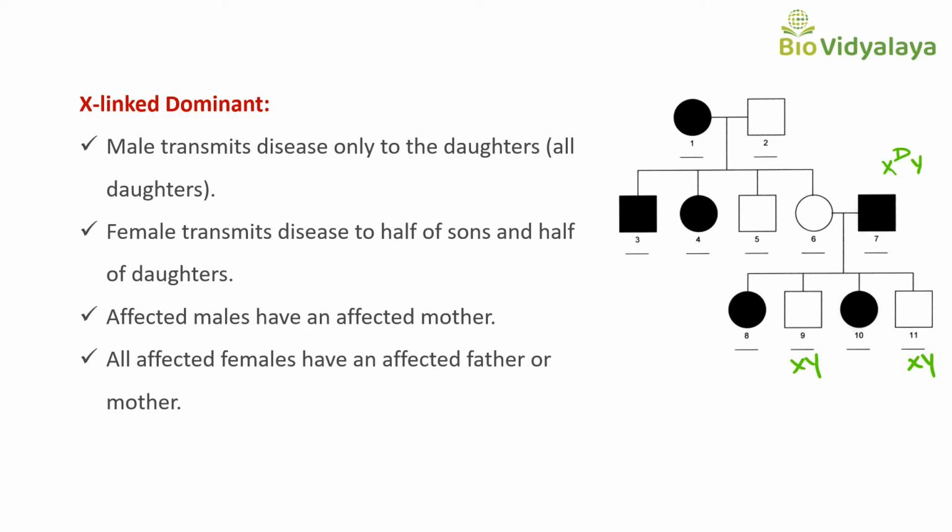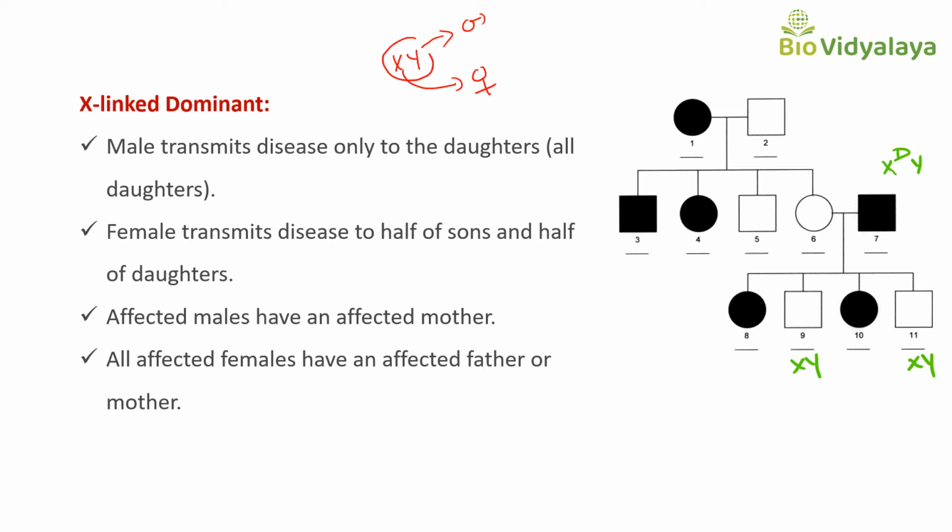First condition is male transmit disease only to the daughters. We know that in father both X and Y chromosome is present. Father transfers Y chromosome to his son and X chromosome to his daughter. Isn't it?